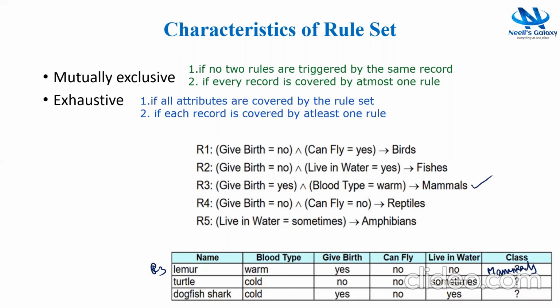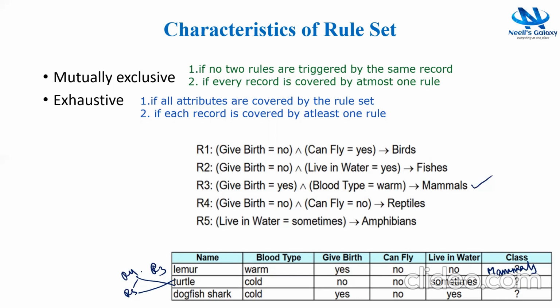Whereas the second record triggers two rules, R4 and R5. So here is an ambiguity, an uncertainty. According to mutual exclusivity, no two rules should be triggered by the same record, but that is not the case here, so it doesn't follow the mutually exclusive property. Coming to the third record, it triggers none of the rules.